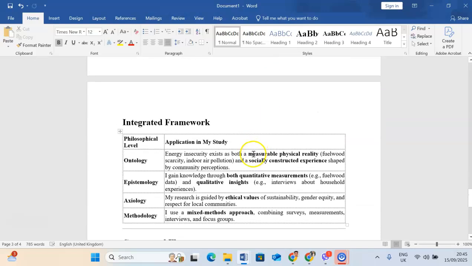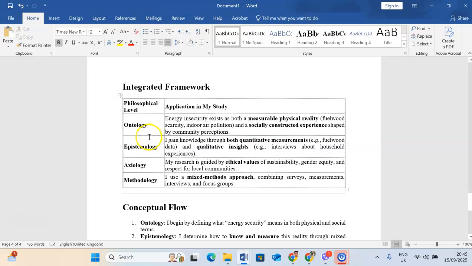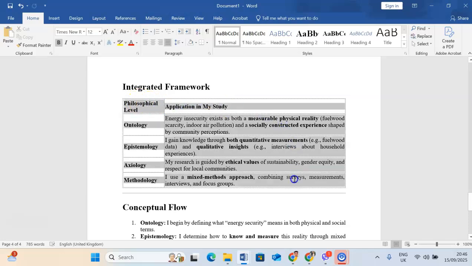That's how we make practical sense of those terminologies or philosophical frameworks of ontology, epistemology, axiology, and methodology. This is the summary of how we make its practical application, whether in my research topic or in your research topic.